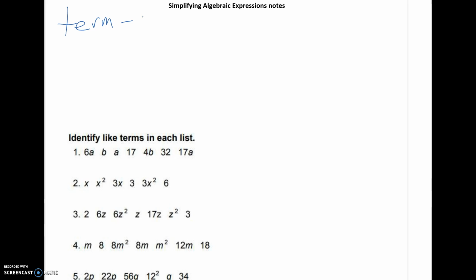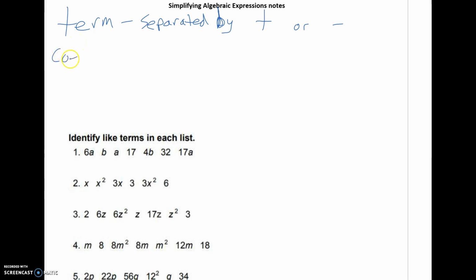A term. Okay, so a term is anything in an algebraic expression that is separated by a plus sign or a minus sign. Okay? And here in a minute, we'll do some examples, and this phrase, term, will make a little more sense. Okay?